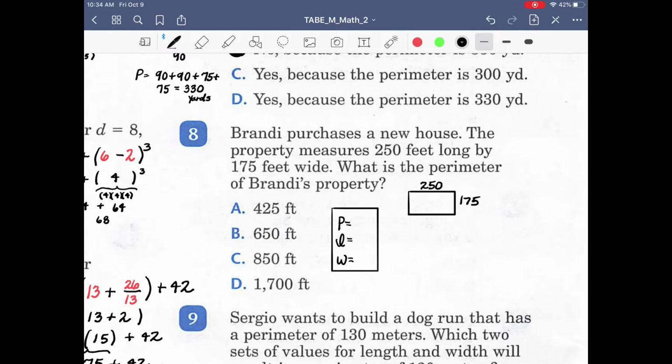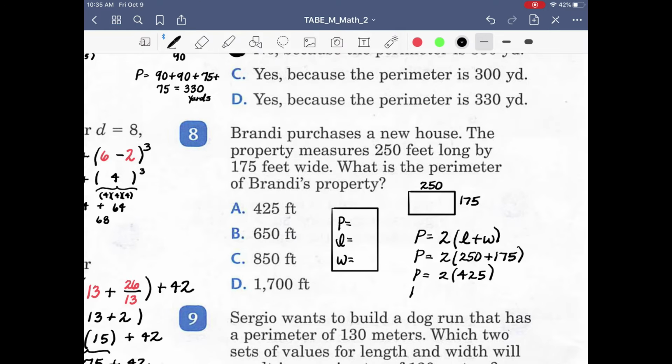So the formula is P equals 2 of length plus width. So P equals 2 of the 250 plus the 175. So P equals 2 of that sum. That's 425.